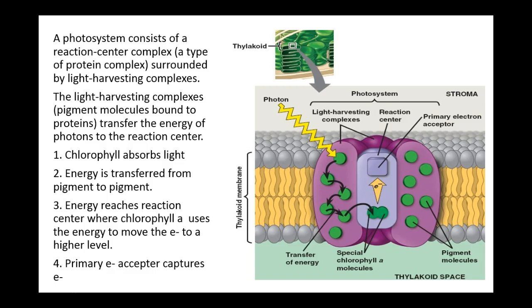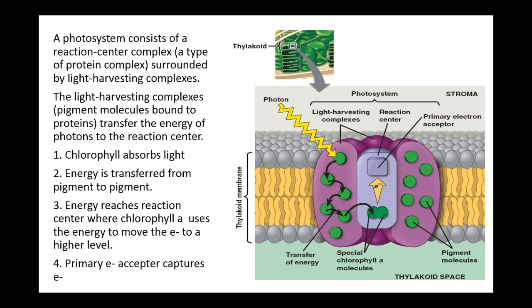If we look at our image, we have a photon coming in, that yellow squiggly arrow, hitting the green dot. The green dot is the chlorophyll. That chlorophyll is moving it into the purple part, which is the light harvesting complex. Light harvesting is the portion that can grab the light from the environment. It then transfers it down.